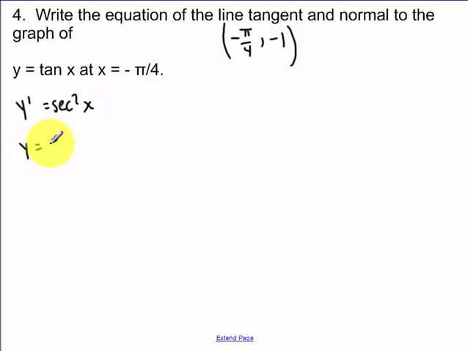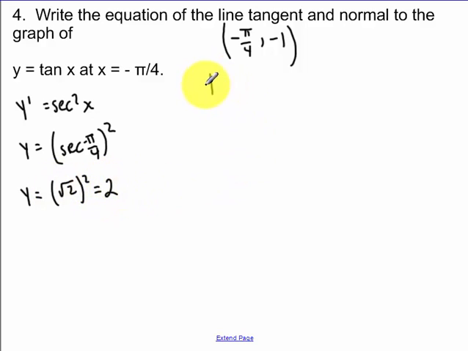Plug in negative pi over 4. The secant of negative pi over 4 is root 2. So when I square, yeah, it is positive. So then we get 2.